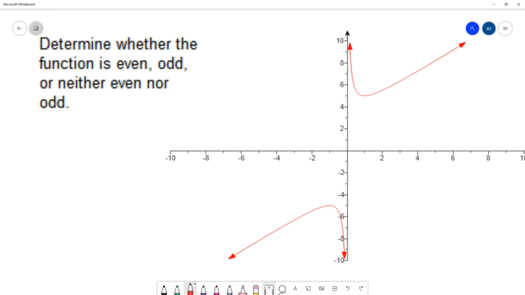On this question, we want to determine whether the function is even, odd, or neither. And we're given a picture of a function. And so we need to know graphically what even and odd mean. Even graphically means that our function will have y-axis symmetry.